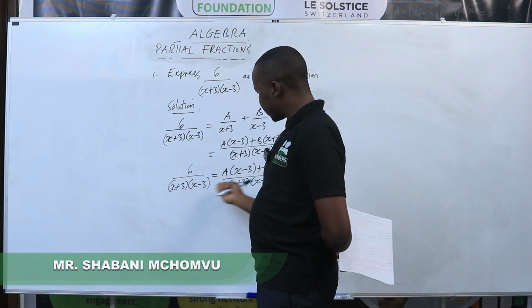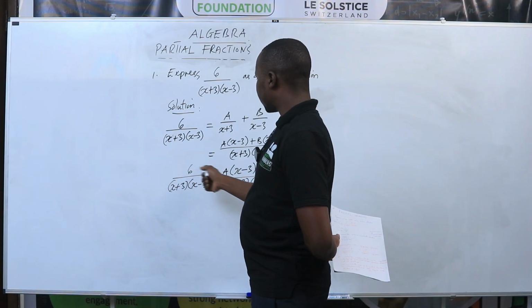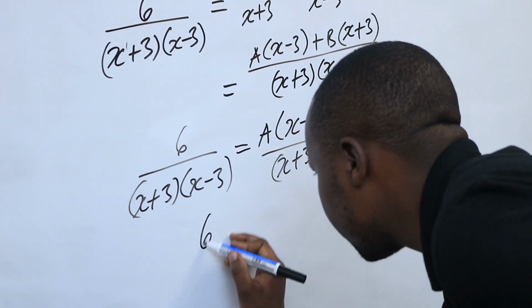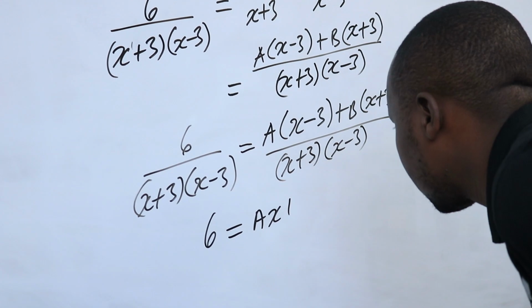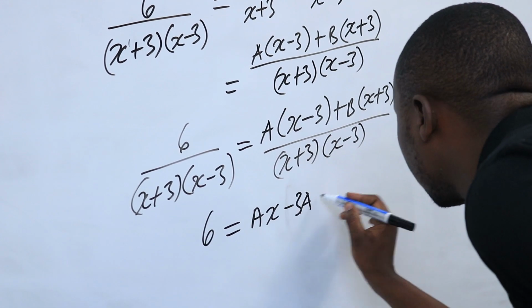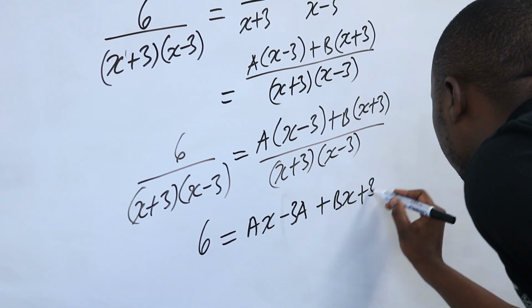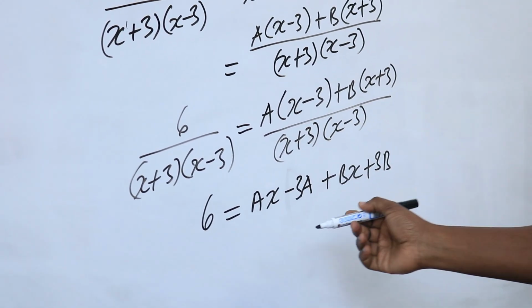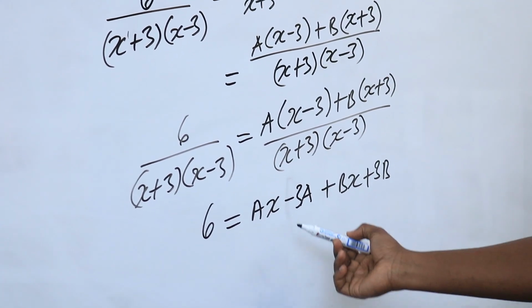Because the denominator expressions look the same, the numerator expressions will also be the same. So we equate the numerators. It will be 6 equals, we open the bracket, Ax, A times negative 3, we minus 3A, then we plus Bx, B times this much, we plus 3B. Now this 6 is a constant, so it goes with the other constants that lack the variable x.